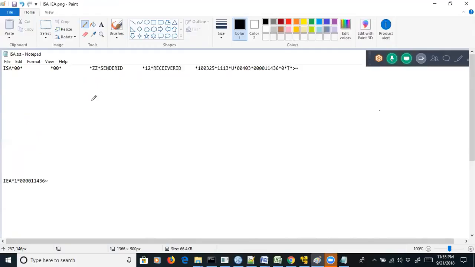So here is my ISA. Okay, this is your interchange envelope, and now we are going to discuss each of these elements.